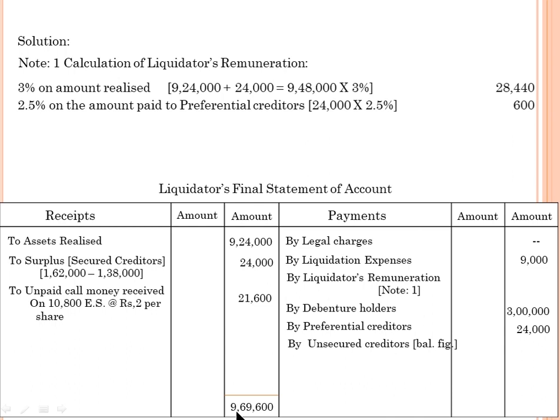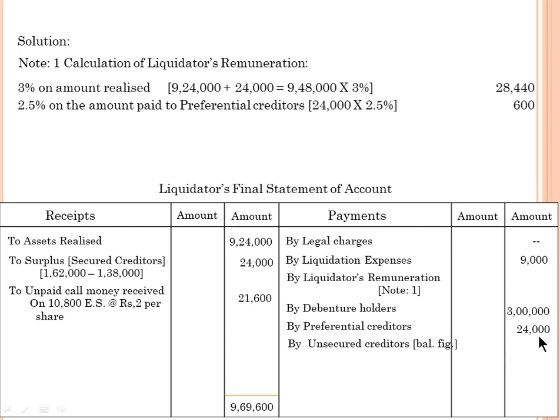The total receipts are 9,69,600. Deduct what we have paid so far: first 9,000 rupees, next the liquidator remuneration 28,440 out of assets realized and 600 rupees from preferential creditors, then 3 lakh rupees, and 24,000.